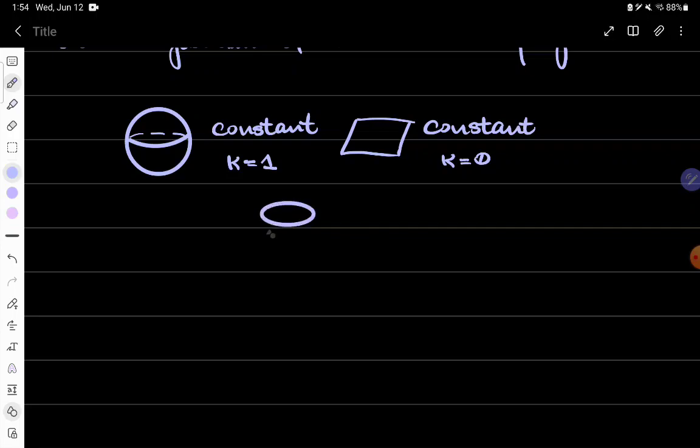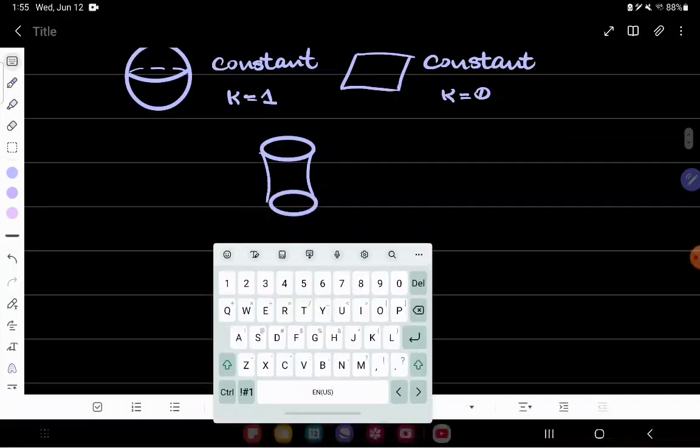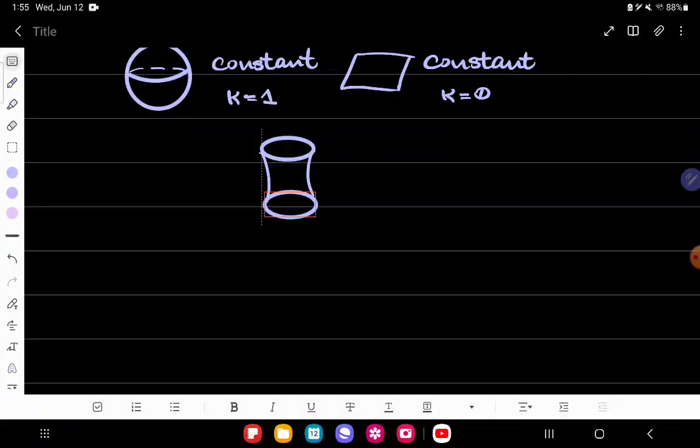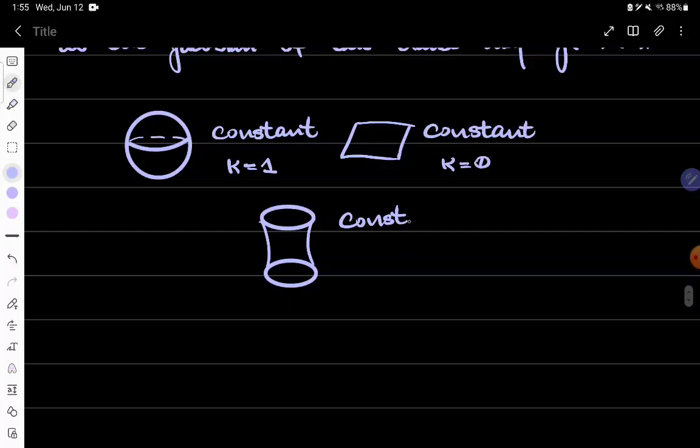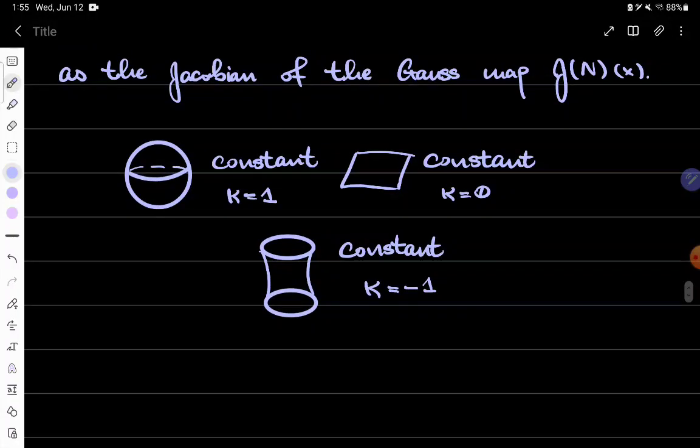A hyperboloid is going to have constant negative curvature. Okay, that's good enough. But you can have examples of manifolds that have non-constant curvature at different points. It just happens to be that these things have constant negative, 0, or positive constant curvature.